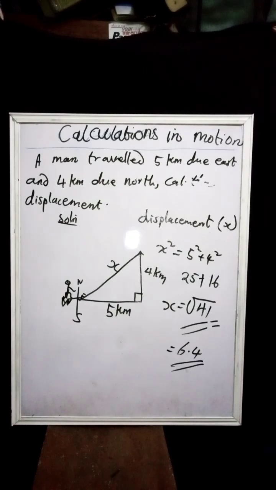If a body starts with initial velocity u and accelerates uniformly along a straight line with acceleration a and covers a distance s in a time t, when its velocity reaches final value v, then the distance covered is the average velocity multiplied by time.